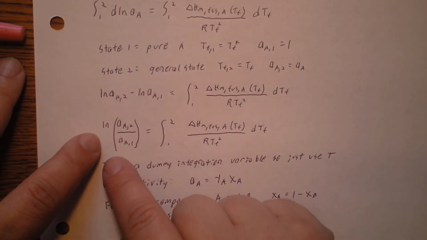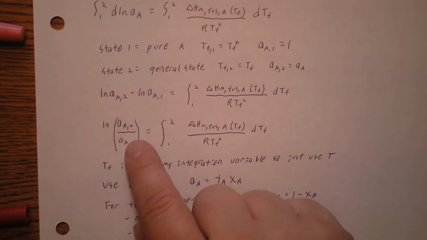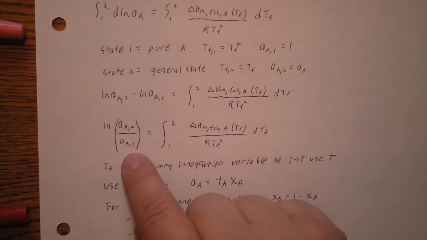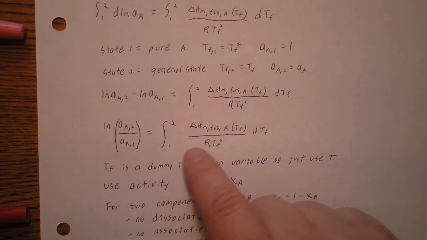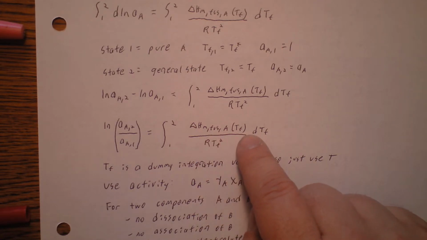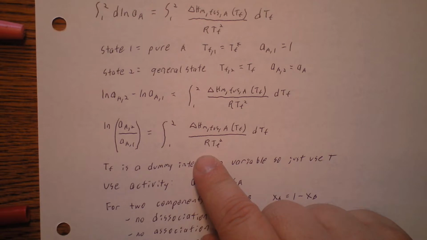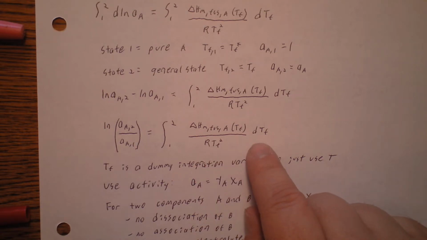So we can combine those two on the left and we'll get the natural log of the activity of A at state 2 divided by the activity of substance A at state 1, and that's equal to the integral from state 1 to state 2 of the change in the molar enthalpy of fusion of substance A at the freezing point temperature divided by R times the freezing point temperature squared with respect to the temperature of freezing.